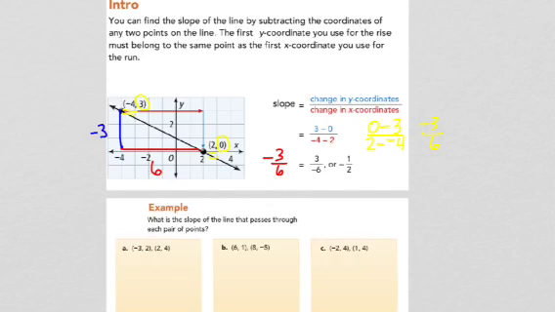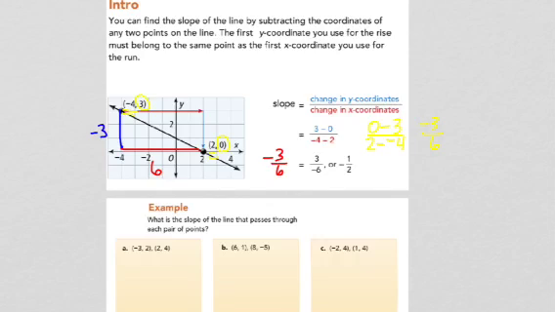So notice that either way I do it, I would get -3 over 6 or +3 over -6. Either one simplifies to -1/2. So it doesn't matter which point you start with and which point you end with.